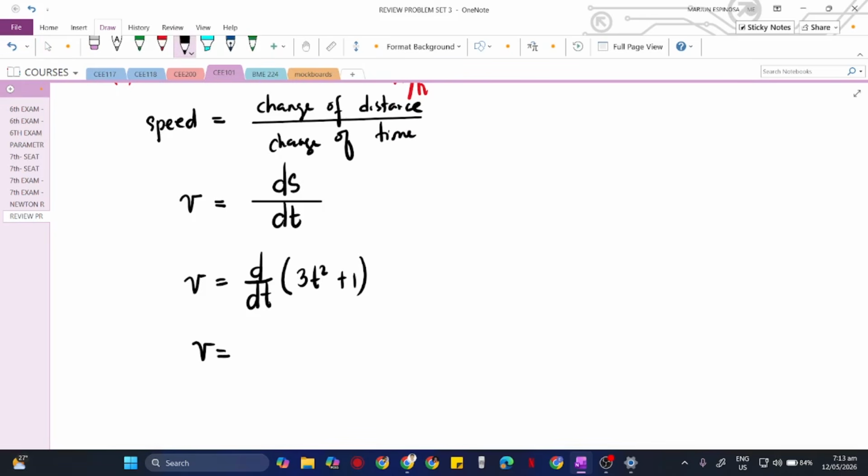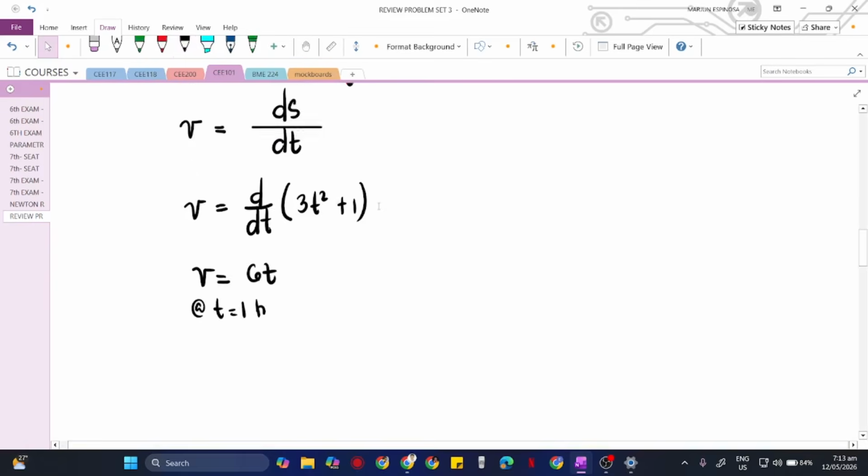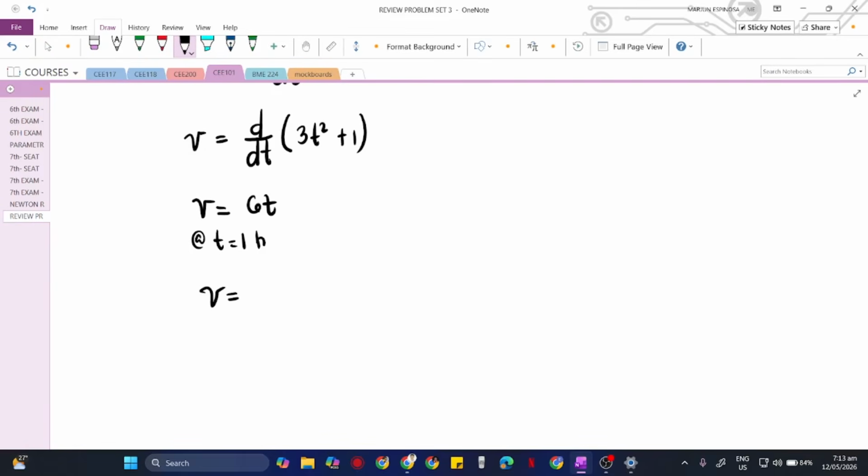So, yung derivative nito, okay, 3t squared magiging 6t yan, plus the derivative of 1 is 0. So, therefore, yung velocity pala natin is 6t. Now, at time is 1 hour, okay, therefore, yung velocity pala natin would be equivalent sa 6 times 1, or that is, yung velocity natin is 6, and the unit of this one is miles per hour.